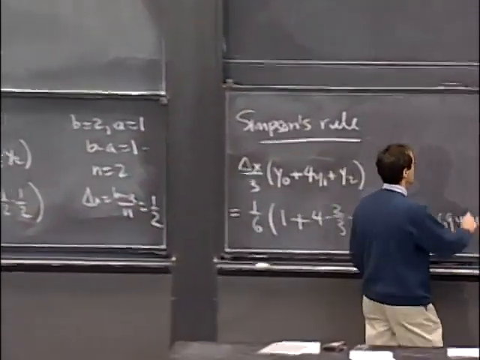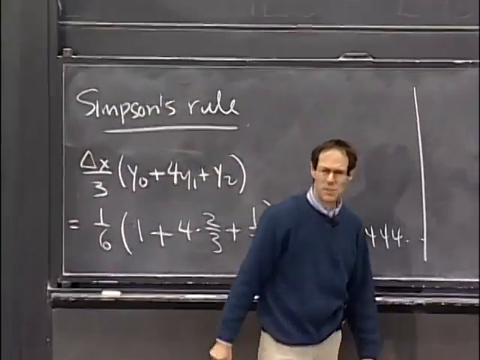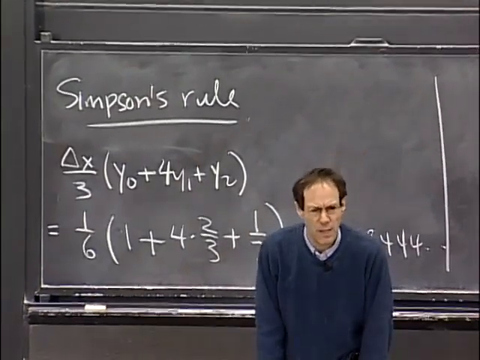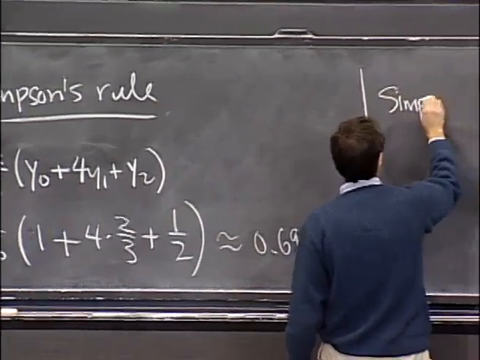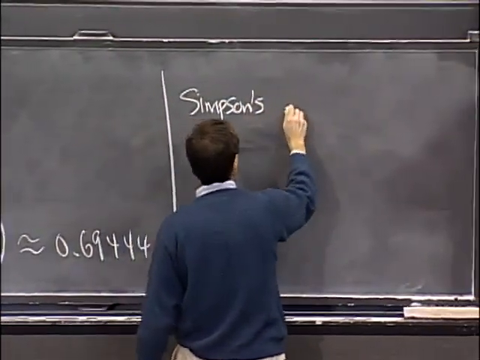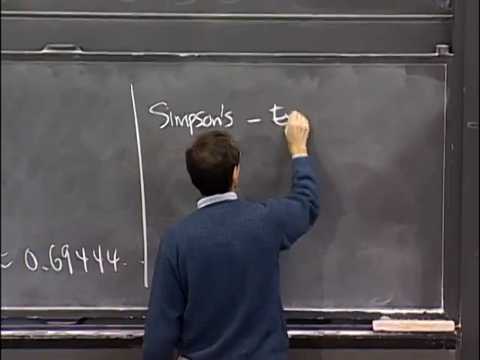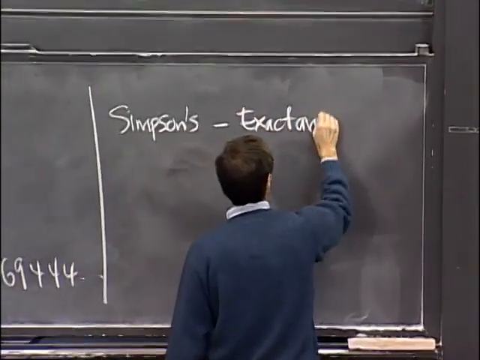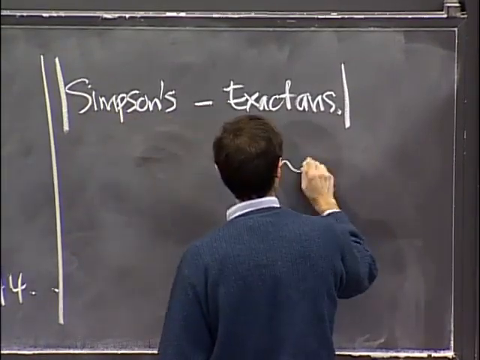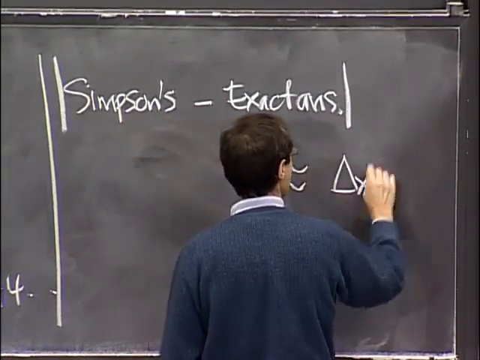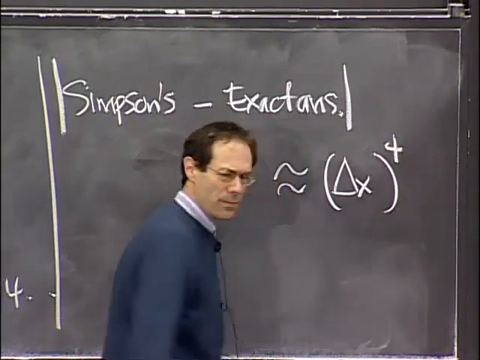Now, what's going on with Simpson's rule in general is this. Simpson's minus the exact answer in absolute value is approximately of the size of delta x to the 4th power.